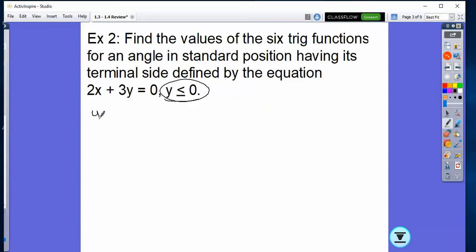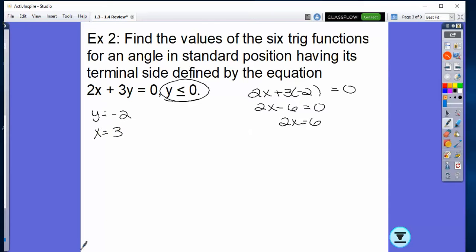So how about negative 2? We know 2x plus 3 times negative 2 equals 0, and x is 3. Then we can find r. x squared plus y squared equals r squared. So 13. r is the square root of 13.